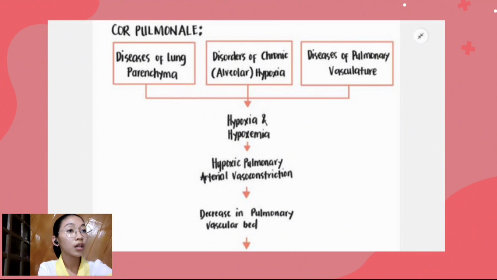So the pulmonary arterioles will then carry the unoxygenated blood away from the damaged or diseased area of the lungs towards healthy lung tissues. And then it becomes widespread. It will lead to hypoxic pulmonary arterial vasoconstriction. So the arterial vasoconstriction leads to a decrease in pulmonary vascular bed, or the vascular blood vessels of the lungs.